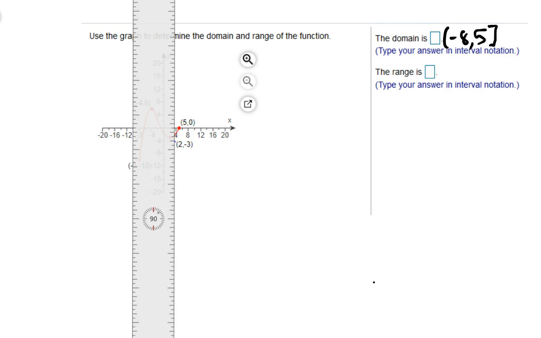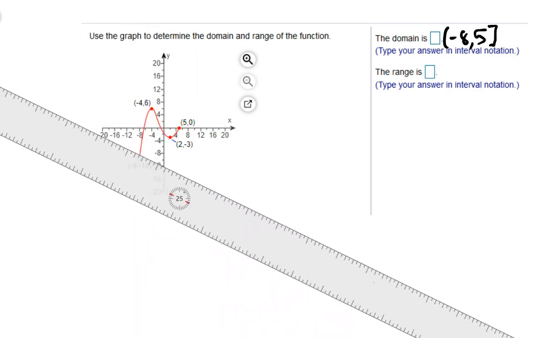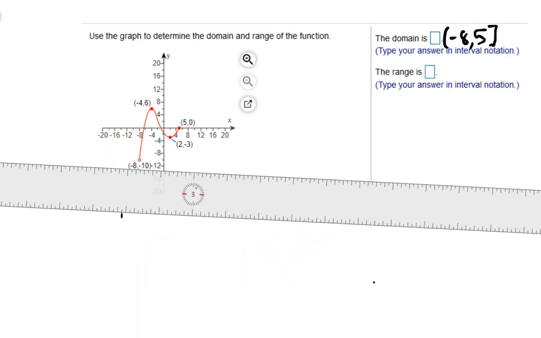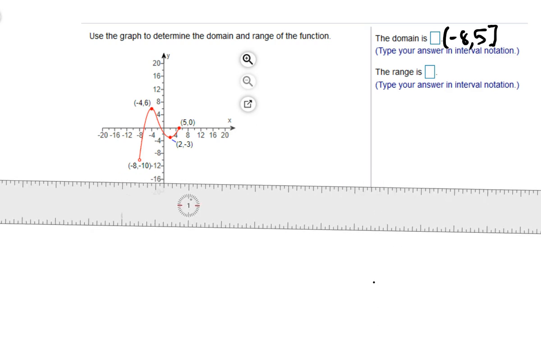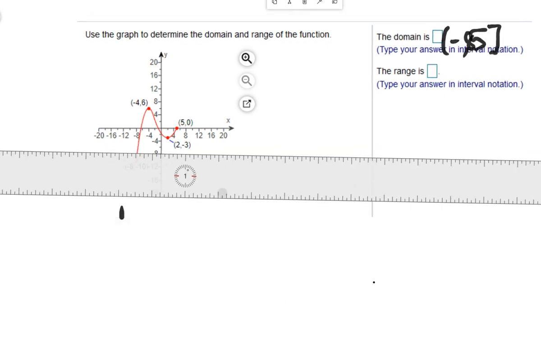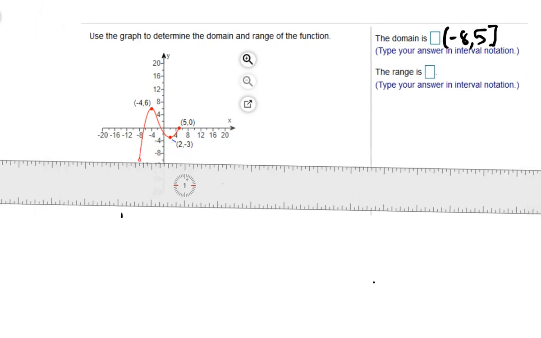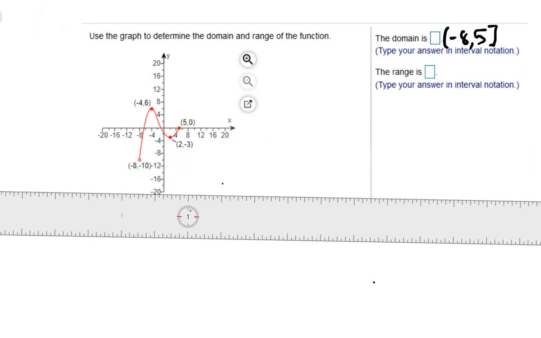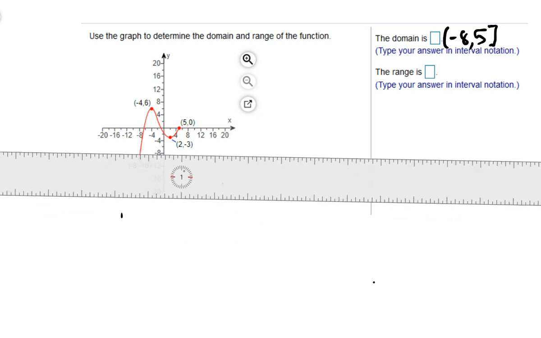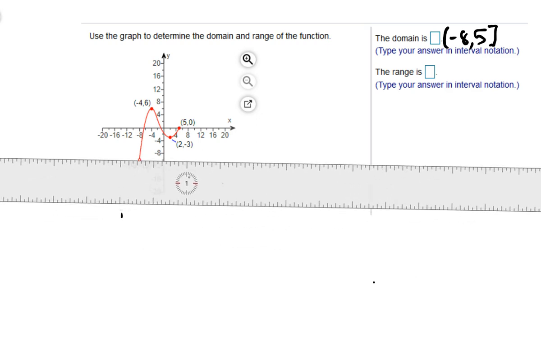Then the range is all the second coordinates or the y values. So I'm going to hold my pencil horizontally instead of vertically and go from bottom to top. So if I hold it horizontally and go from bottom to top, the first time I hit the graph is when I get to this y equals negative 10.